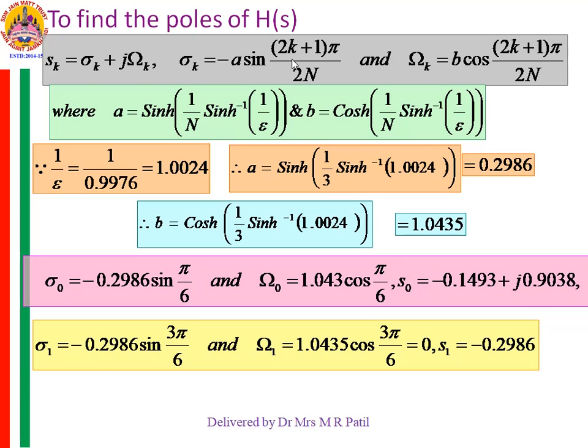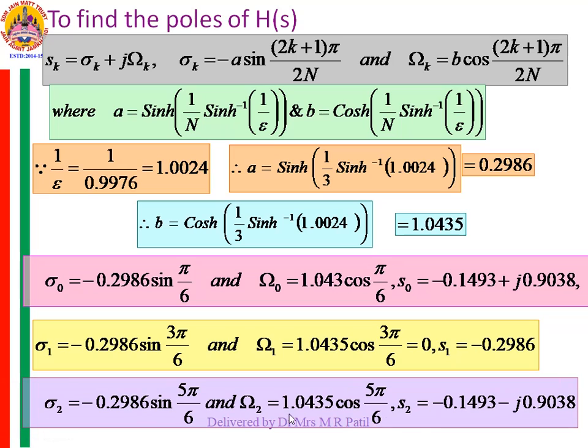So sigma 2 is equal to minus 0.2986 sin 5 pi by 6, and omega 2 is equal to whatever your value, 0.95 if you have, you use 0.95 cos of 5 pi by 6. Now remember that this S2 should be the conjugate of S0. You have to get this conjugate because they appear in conjugate.